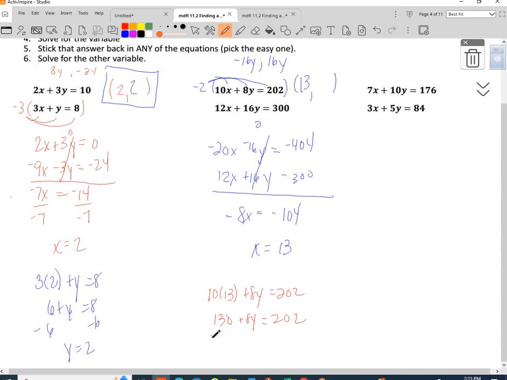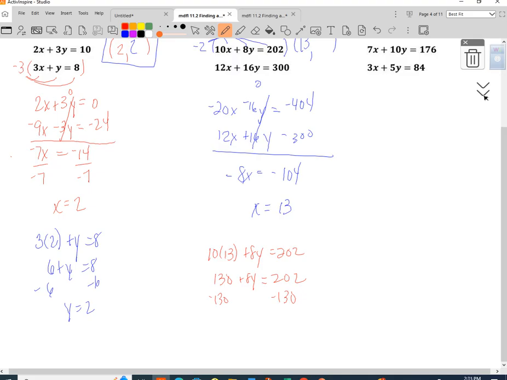I'm going to subtract 130 from both sides. And I have 8y equals 72. So if I divide both sides by 8, now I know my y coordinate is 9.